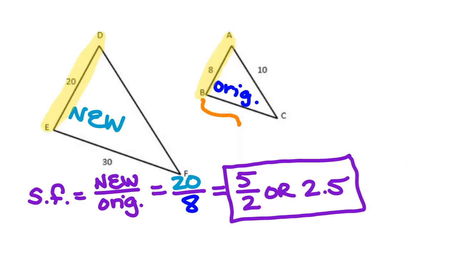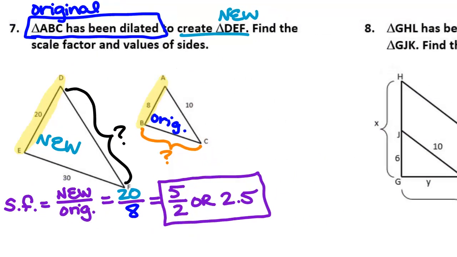We've got this side, side BC on my original triangle. And we have this side, side DF on my new triangle. You guys okay if we find DF first? All right.